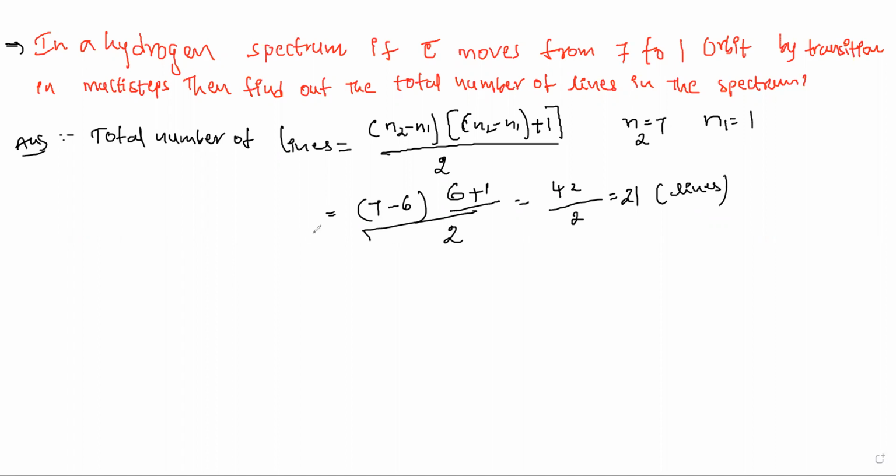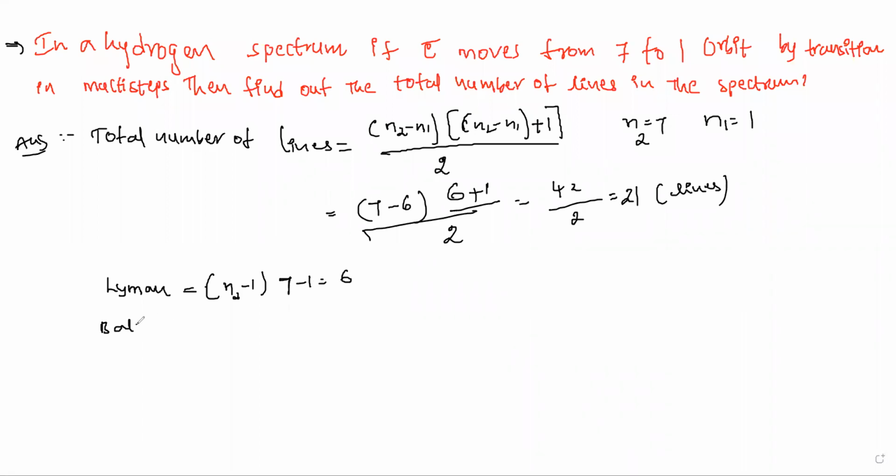This is direct, we can find the answer from the formula, or else we can find it like this also. Here is one more method, series-wise. In the Lyman series, how many spectral lines are possible? In the Lyman series, n2 minus 1, that means the maximum 7th orbit, 7 minus 1 will get 6 lines.